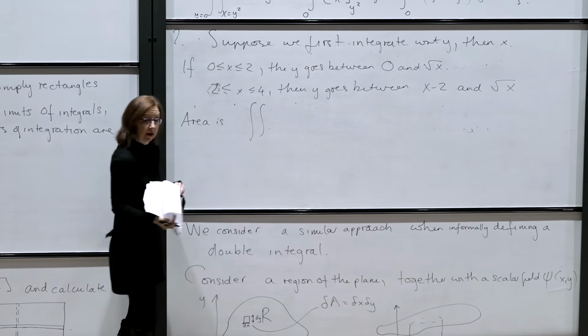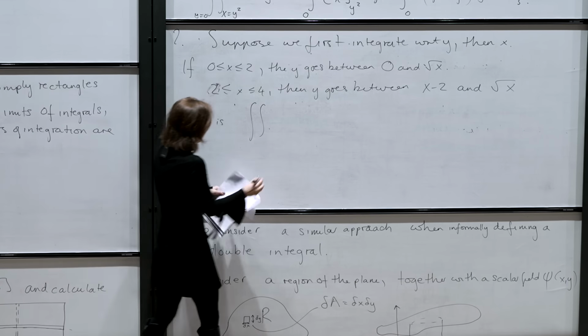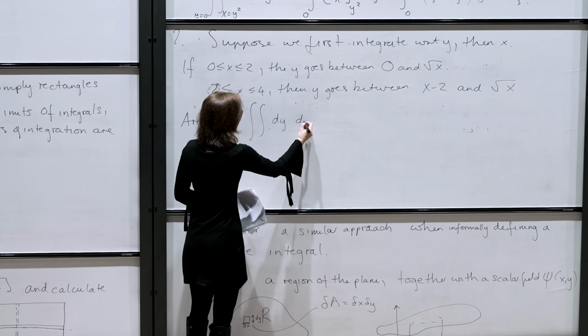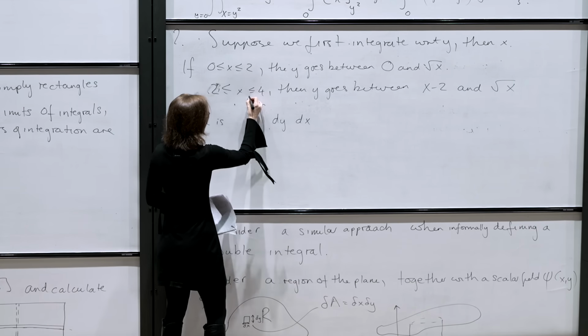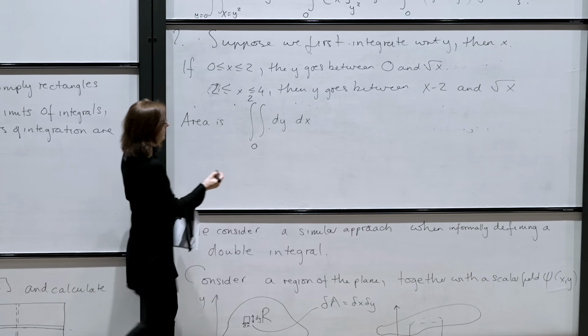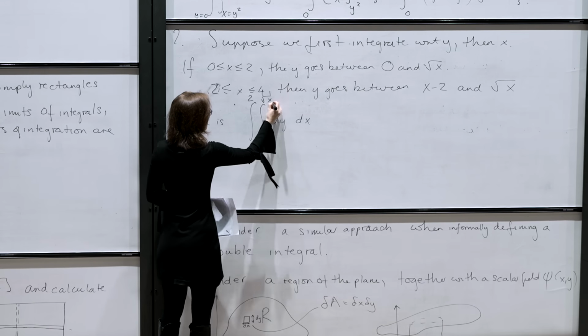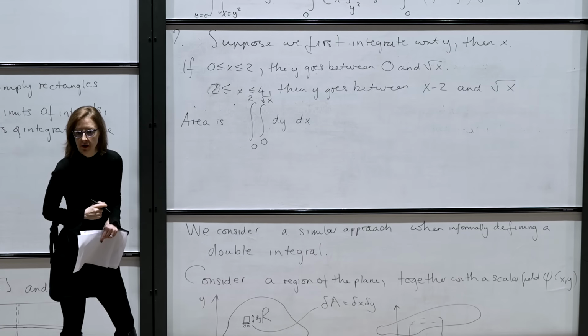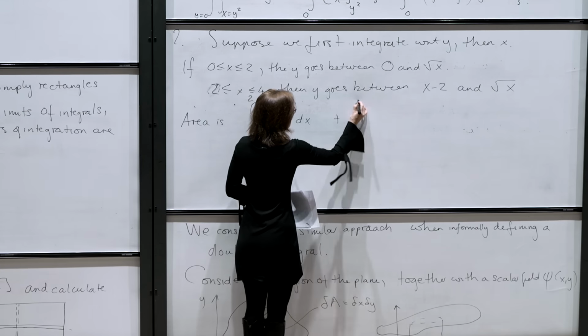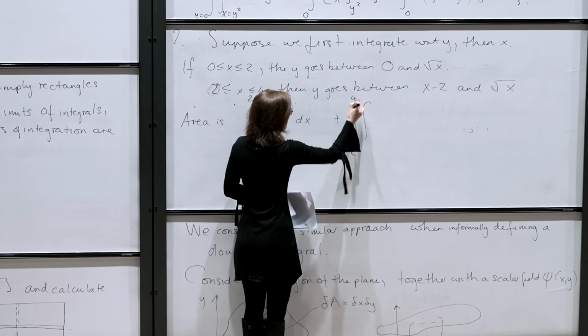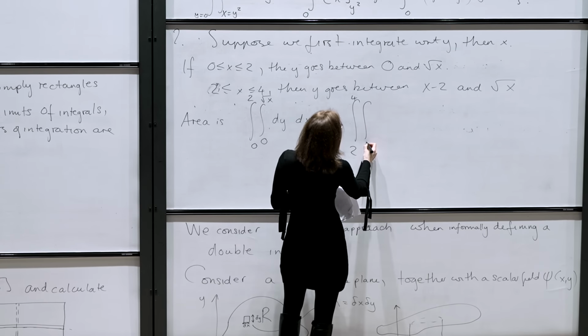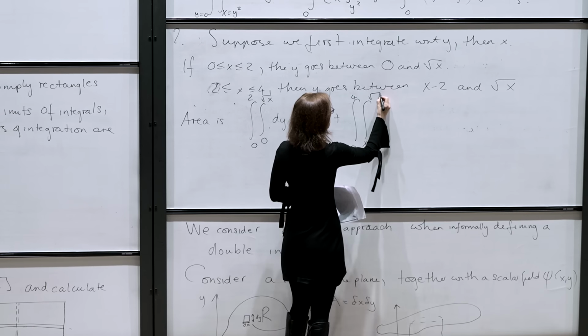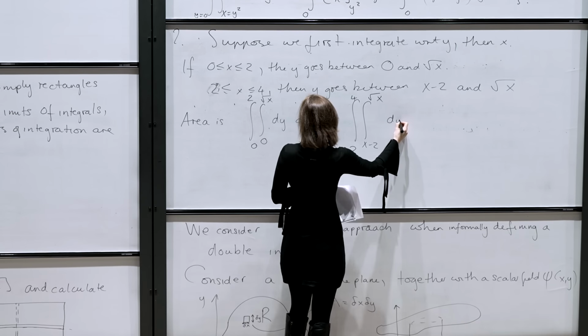So the first integral I do, integrating with respect to y first, I'm going to consider x between 0 and 2, and then my lower limit is 0 and my upper limit is root x for the y integration. And then I have to add to that the other bit, where now my lower limit is x minus 2 and my upper limit is root x dy dx.